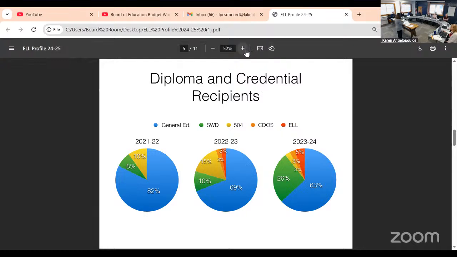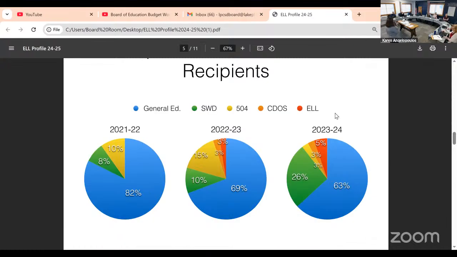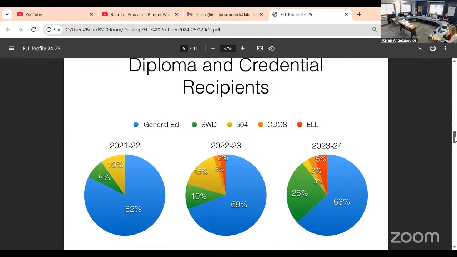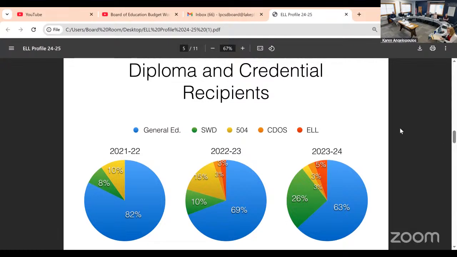I think that might be a little bit hard based on things that are outside of us right now about where those trends will stay. Even this year, we've had quite a few students move into the district. So if that continues to happen, then yes, we'll see that trend.